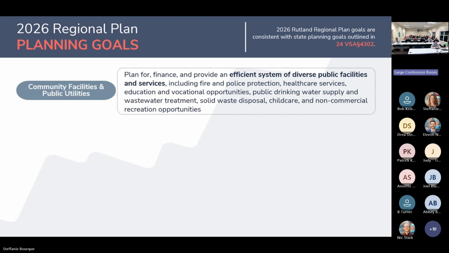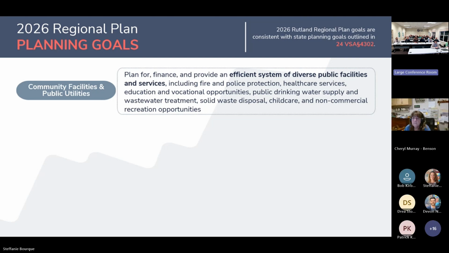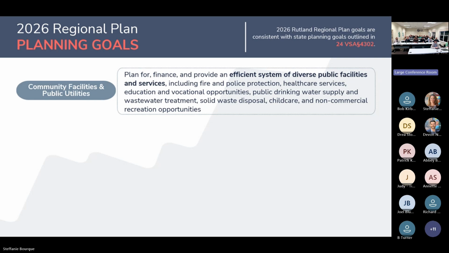For community facilities and public utilities, we want to plan for, finance, and provide an efficient system of diverse public facilities and services, including fire and police protection, healthcare services, education and vocational opportunities, public drinking water supply and wastewater treatment, solid waste disposal, childcare, and non-commercial recreation opportunities.